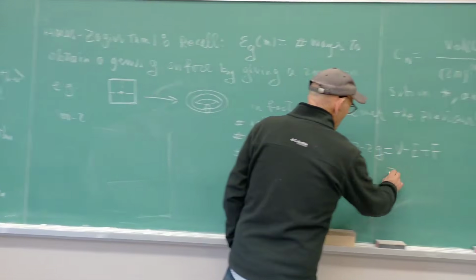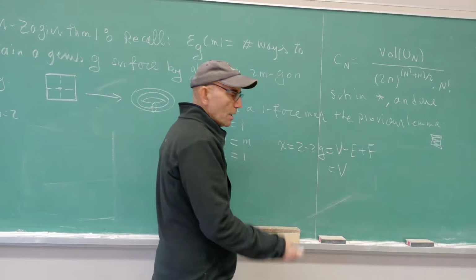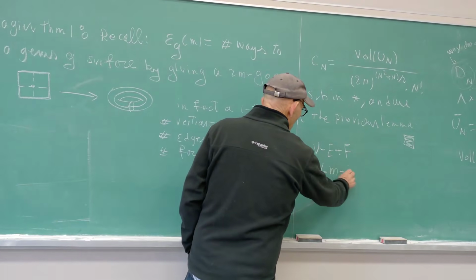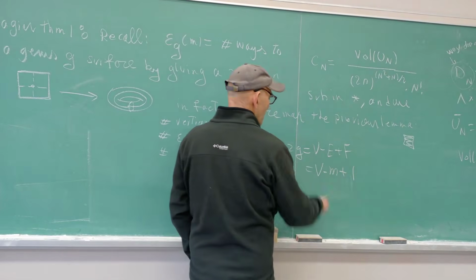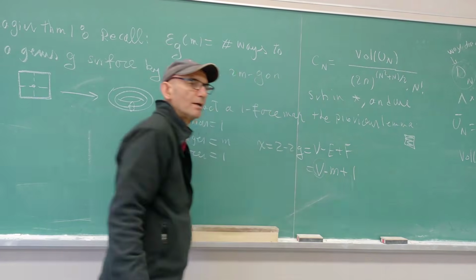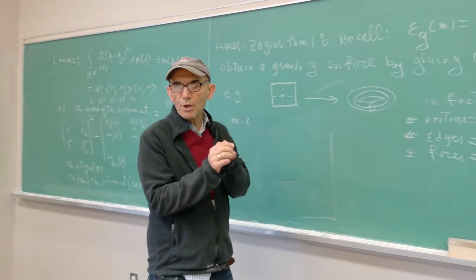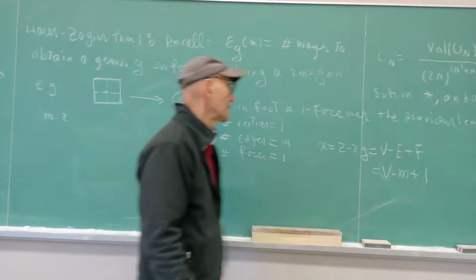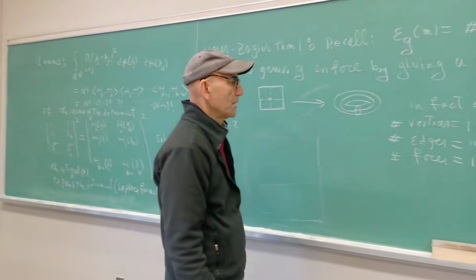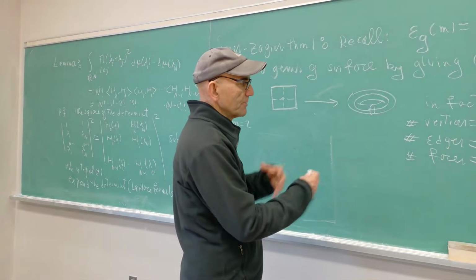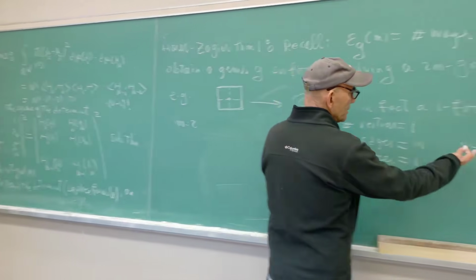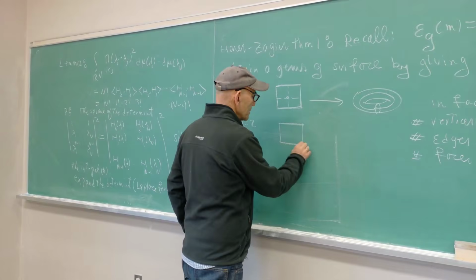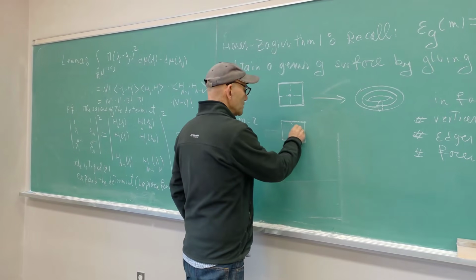So we have e, which is n always, plus f, which is 1. So v is the only unknown. How many vertices we obtain by gluing is the only variable in determining the Euler characteristic, or equivalently the genus.